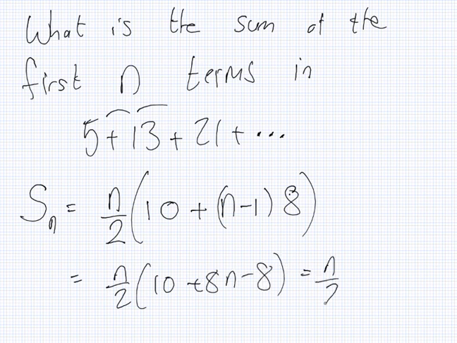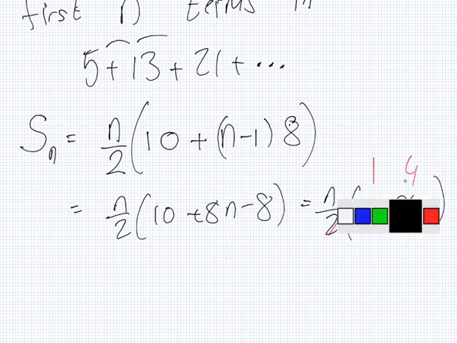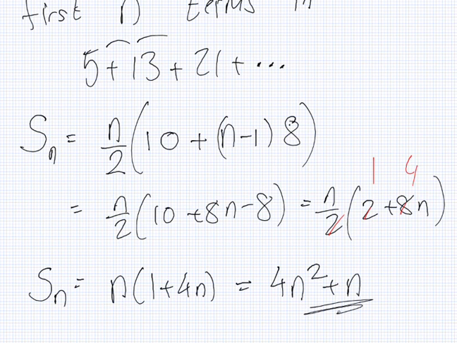That's n over 2, 2 plus 8n. And what's nice is I can cancel the 2 to make a 1 and a 4. So I get Sn equals n, 1 plus 4n, which equals 4n squared plus n. This is the simplest I can make it. This is the answer.